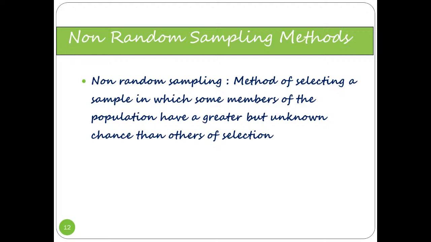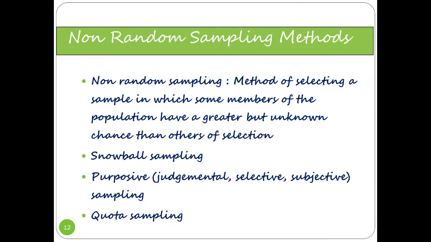Non-random sampling will work fine with a heterogeneous population. In your convenience you can sit wherever you are and collect the data which you see in everyday OPD, or whoever can get you data, you can use that data and start your study with.